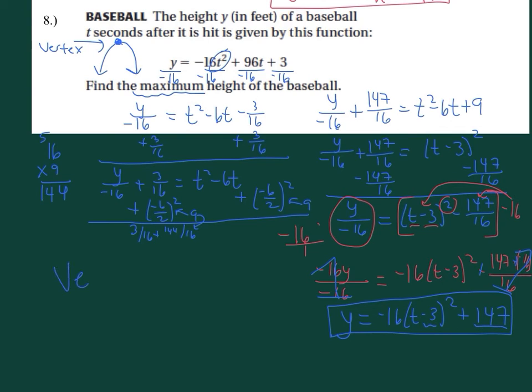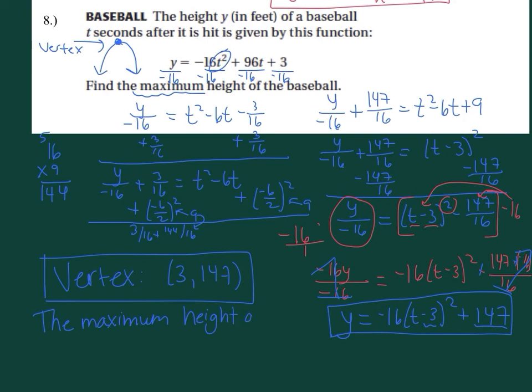So the vertex is 3, 147, which means the maximum height of the baseball is 147 feet.